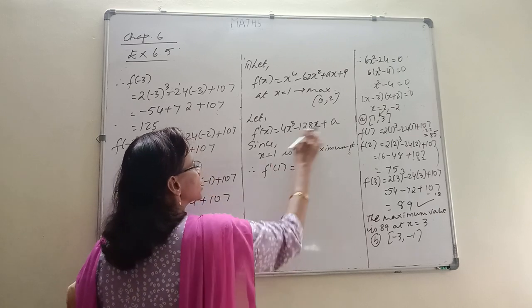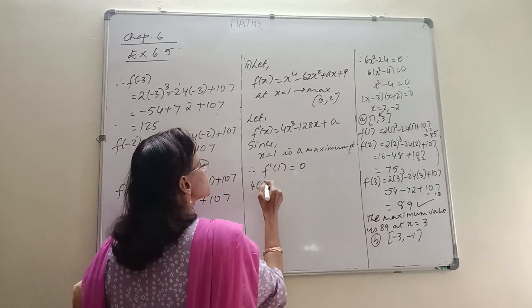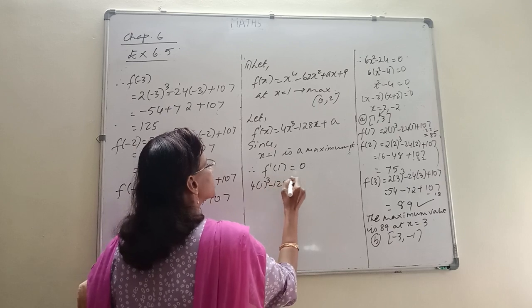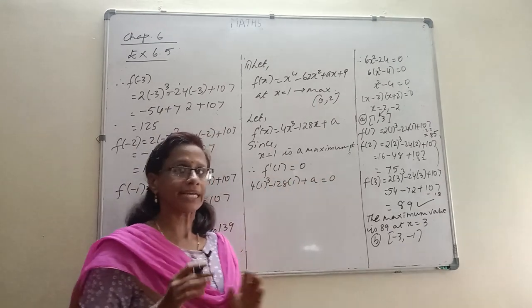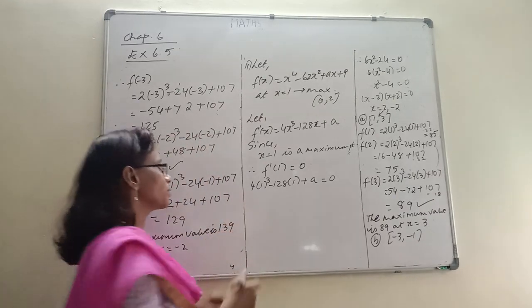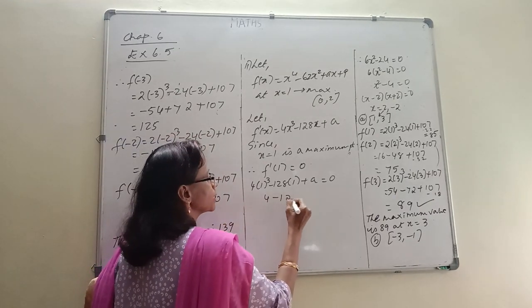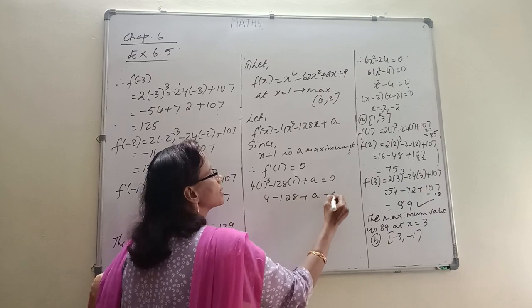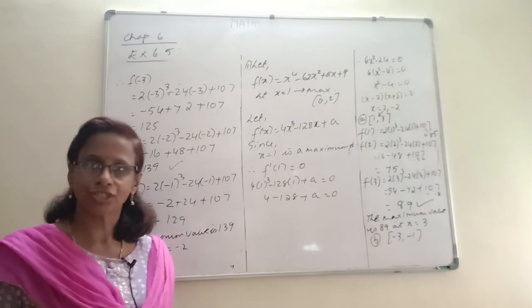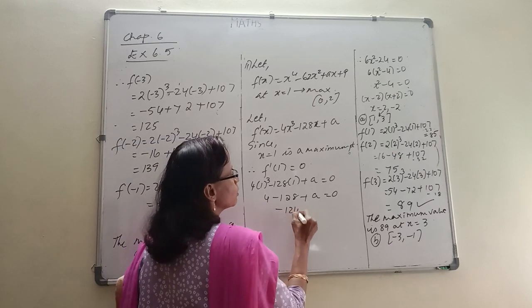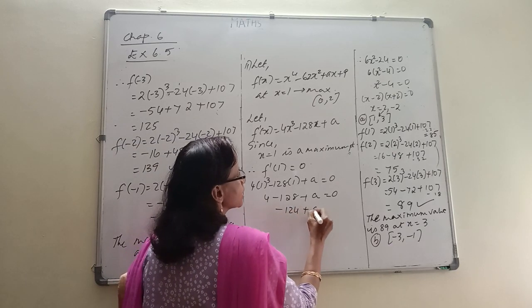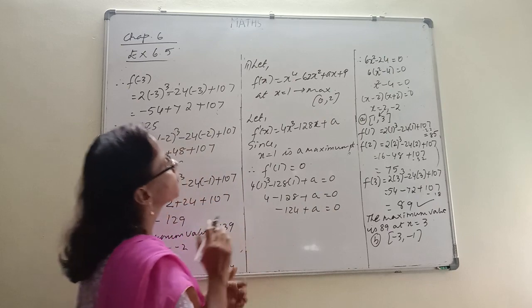So let's get that done here. 4 times 1 cube minus 124 times 1 plus a equal to 0. That's all. The matter ends there. So it's going to be 4 minus 124 plus a equal to 0. So only that much, right? So it is minus 120 plus a equal to 0.